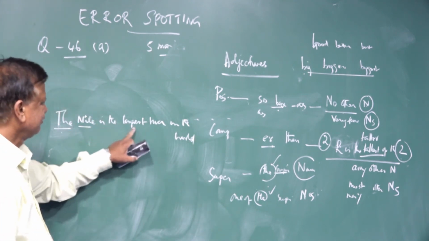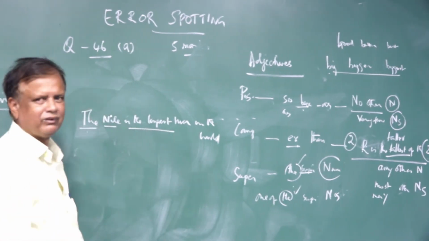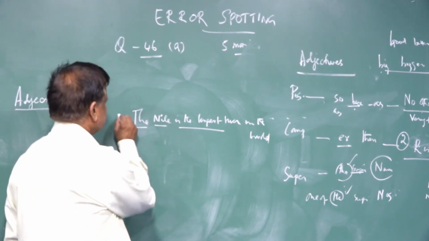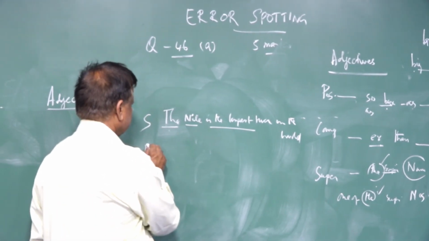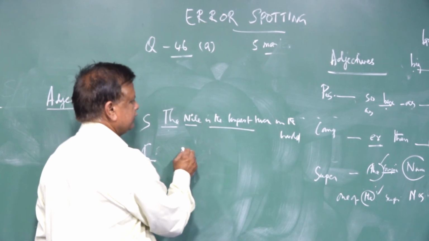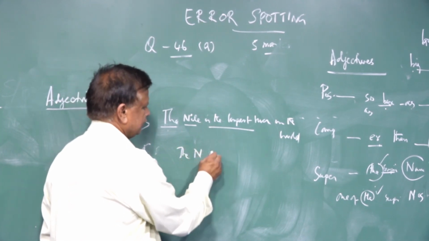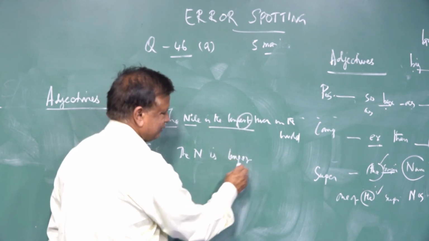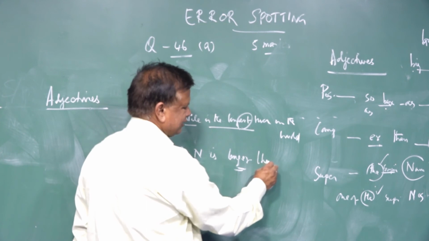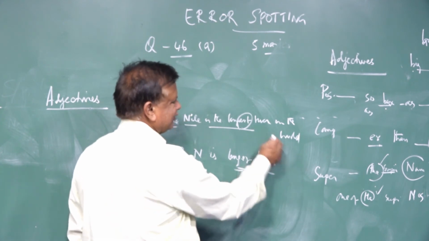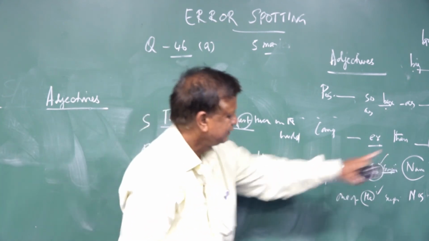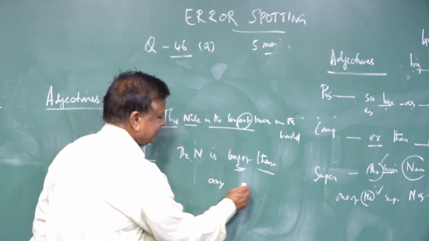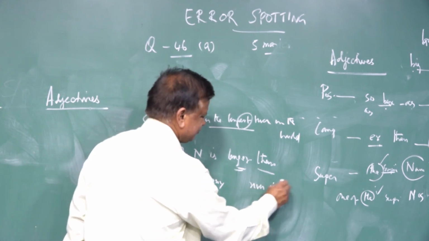Okay, is the longest. This is in the superlative form. Now, if I want to change it into the comparative form, what is the comparative form? Longer. What will be the structure? Than. And what is the other thing I said? Any other. The Nile is longer than any other river in the world.